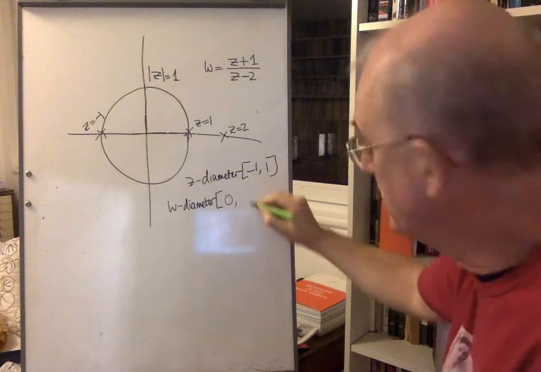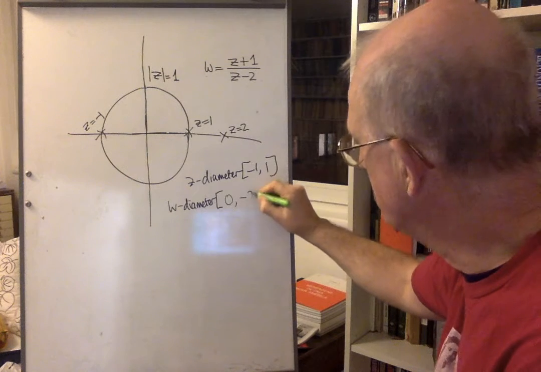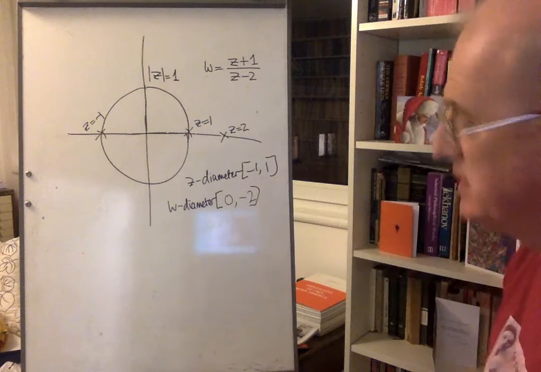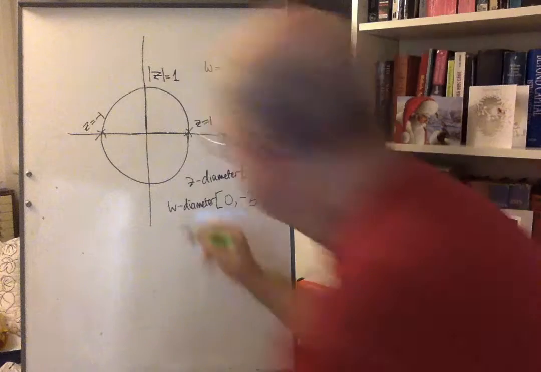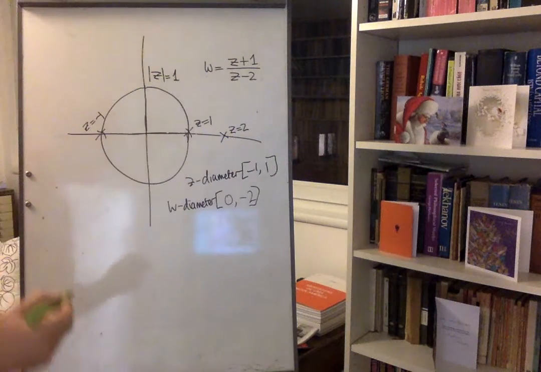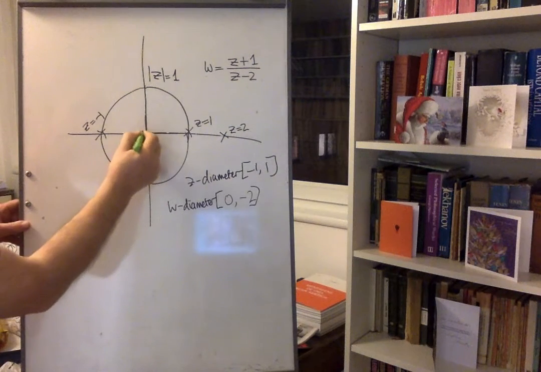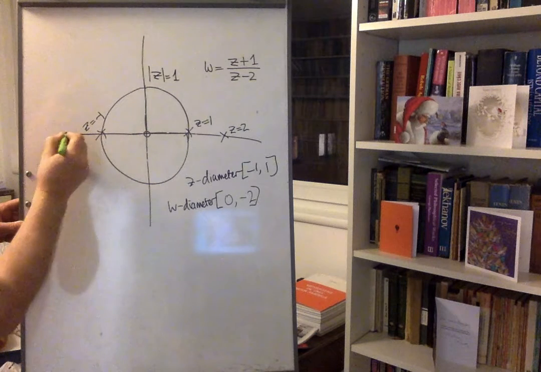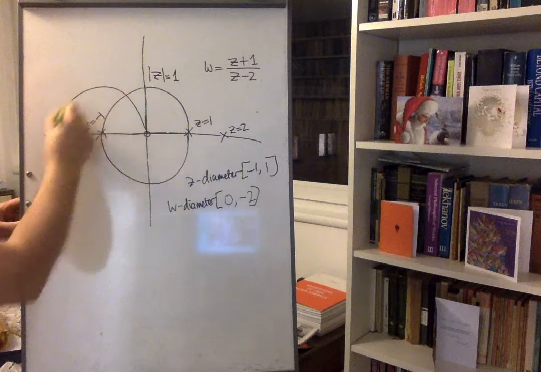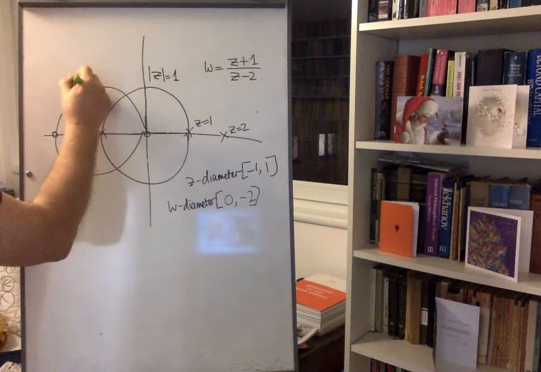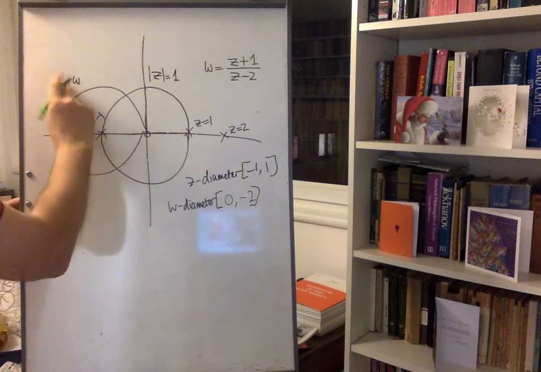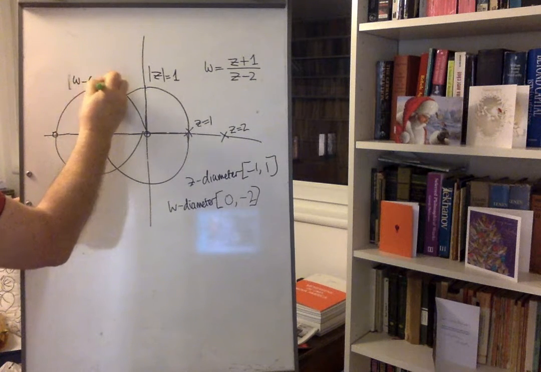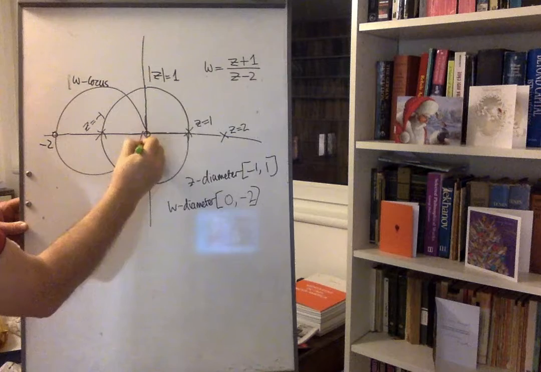So 2 divided by minus 1 is minus 2. So here you have w is a circle with diameter ends 0 and minus 2. So there's your w locus, minus 2 and 0.